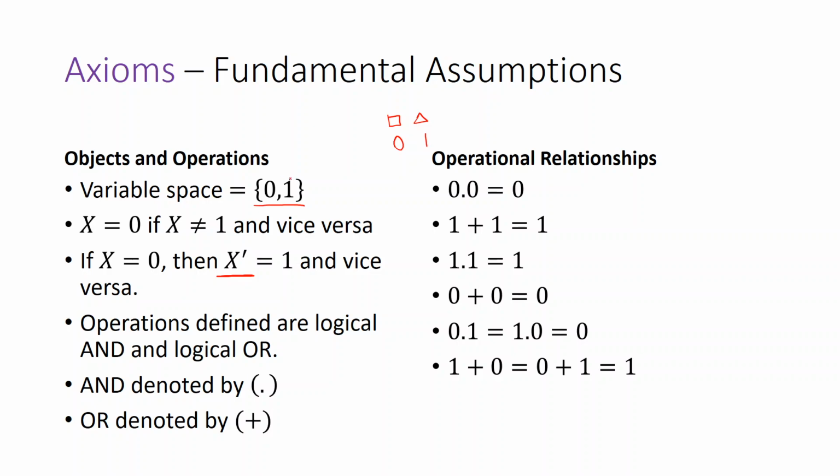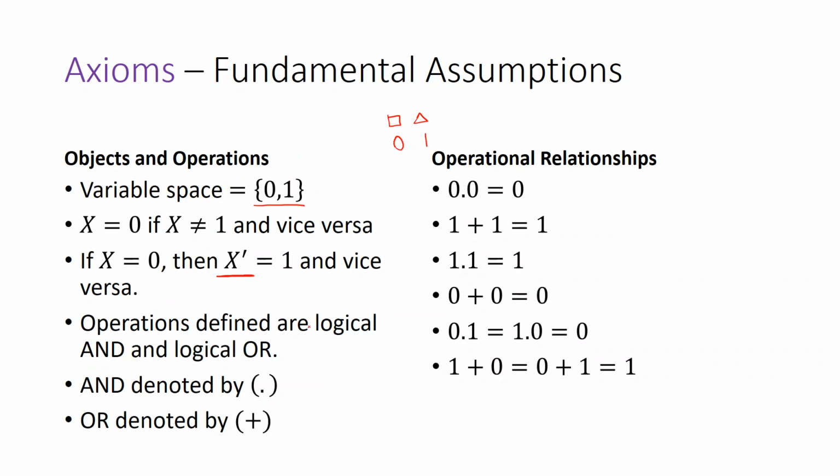It is just the other thing. Just like in the binary system it was flipping of the bits, here it is also like flipping of the objects. So if x is 0, then x complement is 1, and vice versa.